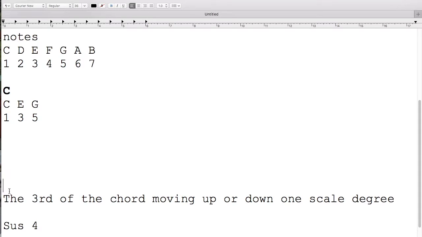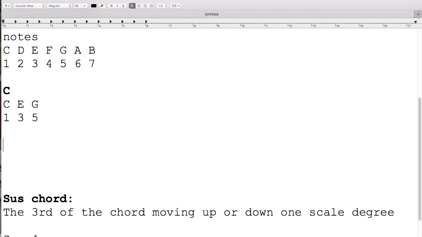So remember, a sus chord is the triad with a third of the chord moving up or down 1 scale degree. So if we have a C sus4, the third is going to move up to F. It's going to move up to the 4th note in the scale.